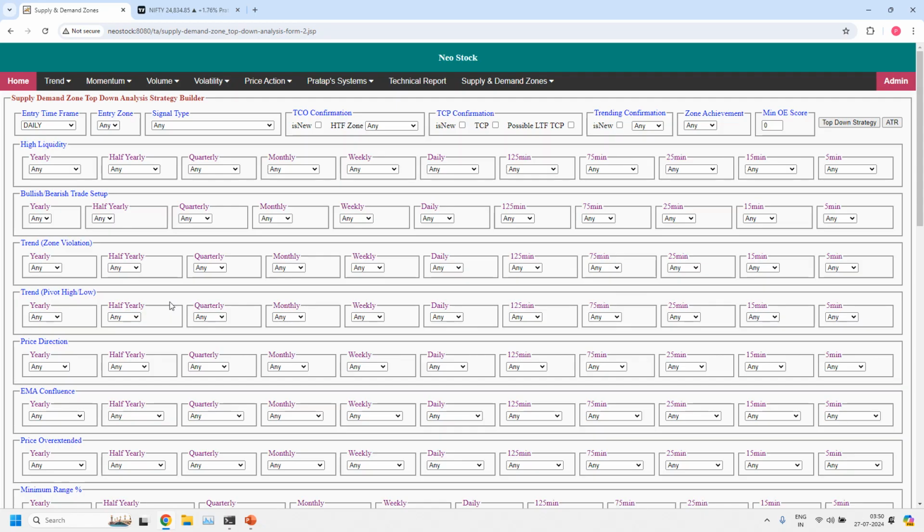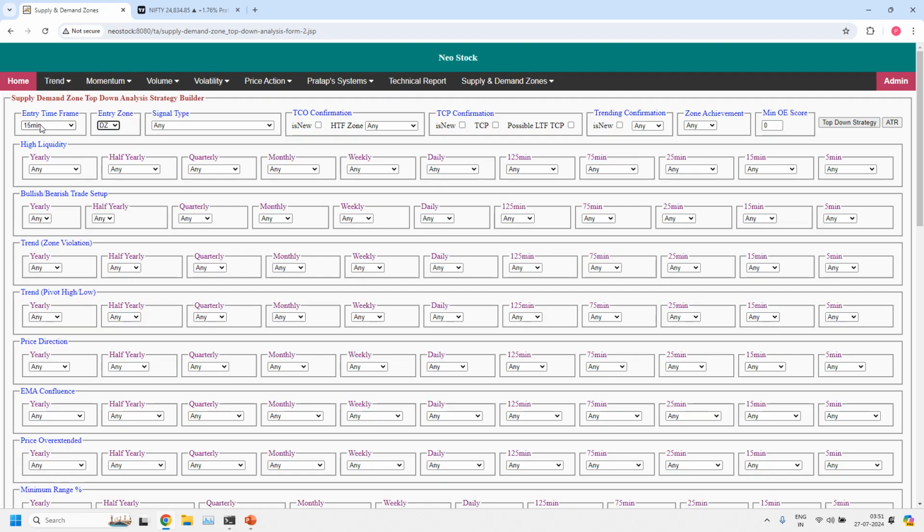Here, for example, let me generate 15-minute zones, and entry zone, let me say demand zone, because I am going to implement zone confluence on demand zones. That means the 15-minute demand zone should have confluence with 75 minutes, because ITF is 75, HTF is daily. Let us identify 15-minute zones, where the entry time frame is 15 minutes.